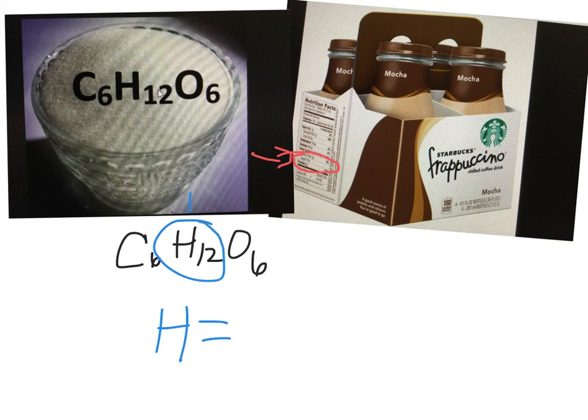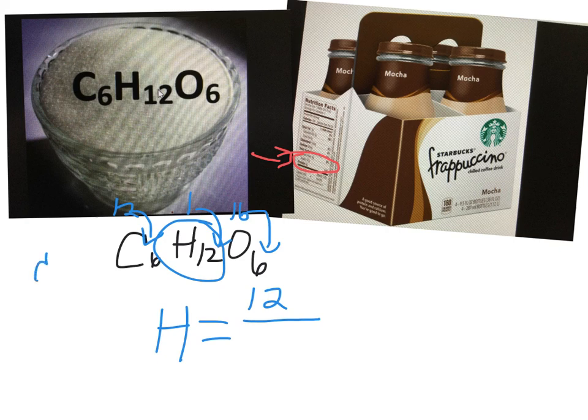Hydrogen weighs 1, but I have 12 of them. So 1 times 12 is going to give me 12. Now, oxygen is 16, but you need to do 16 times 6. And carbon is 12, but you need to do 12 times 6. So what are your totals for all of these elements? Take out your calculator and do that now. Press pause.